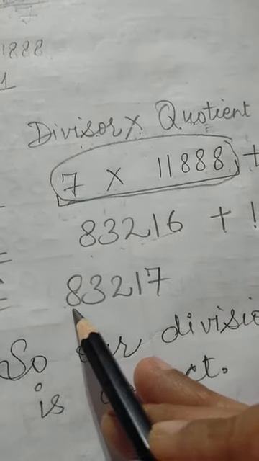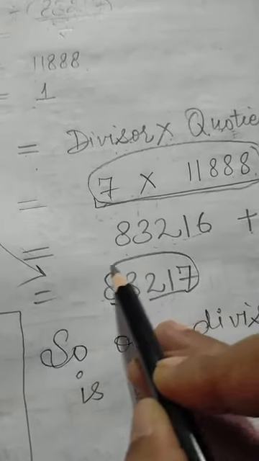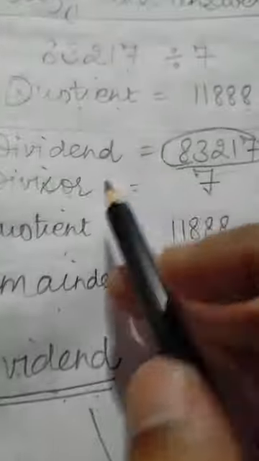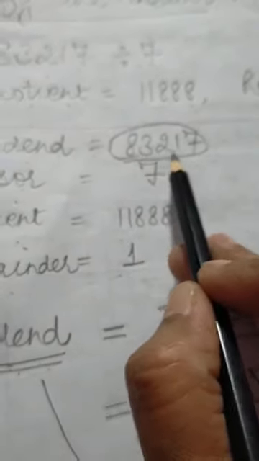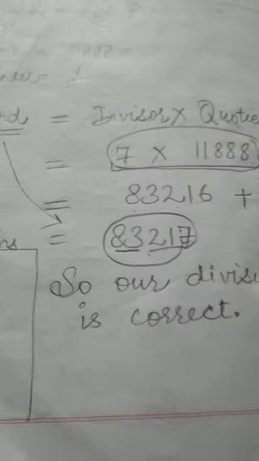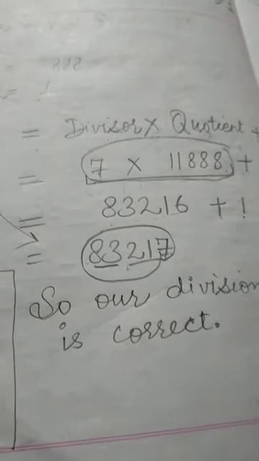After adding 1, we will get 83,217. We got 83,217 as dividend, and in our question what was the dividend? 83,217. It means we are getting the same number as the dividend. Yes, so our division is correct. It shows that our division is correct.